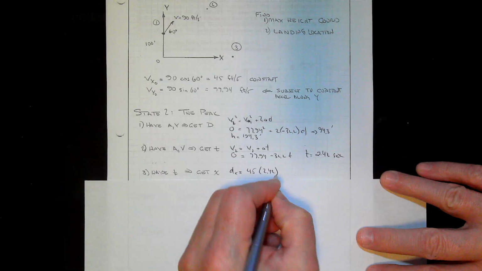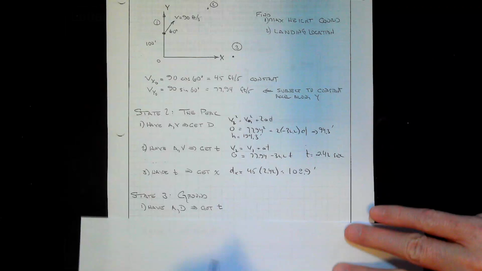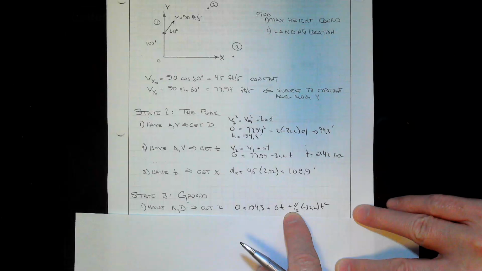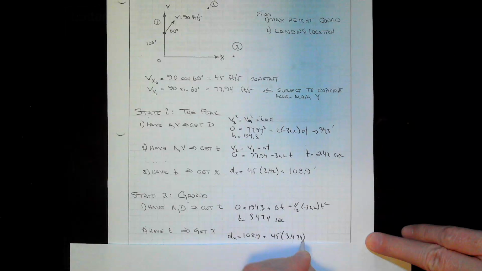So, here's the problem laid out from 100 feet up. Say a baseball is thrown at 90 feet per second at 60 degrees. Find the max height, find the landing location. Let's once again start from the things we know. The velocity along x will be constant as this goes off to hit the ground. That's 90 cos 60, which is 45 feet per second.